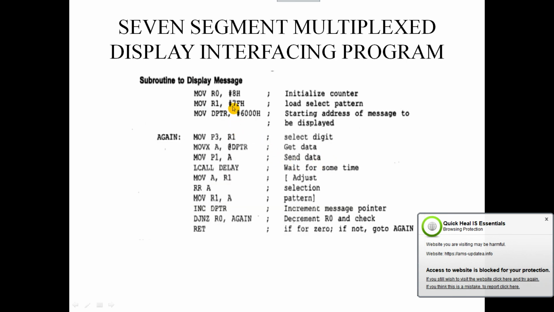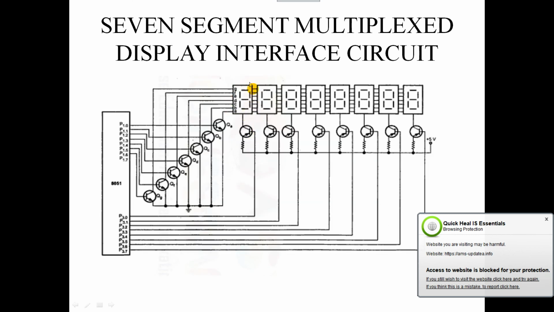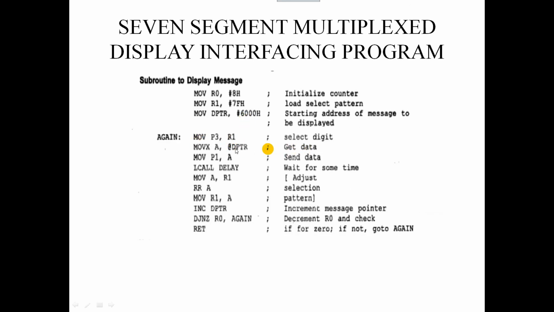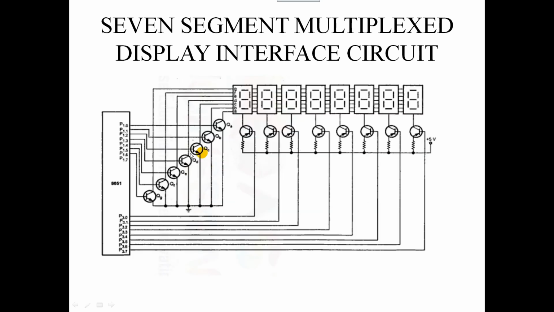So this program step is going to select the first LED segment of this particular array, and here the DPTR content is going to be supplied to the A, that is, whichever data is available in the 6000 is going to be supplied to this particular accumulator. So this accumulated data is going to be supplied to the P1. So the data input is going to be given with the help of this particular P1 port. So that data is going to be supplied for all the LEDs which are available.